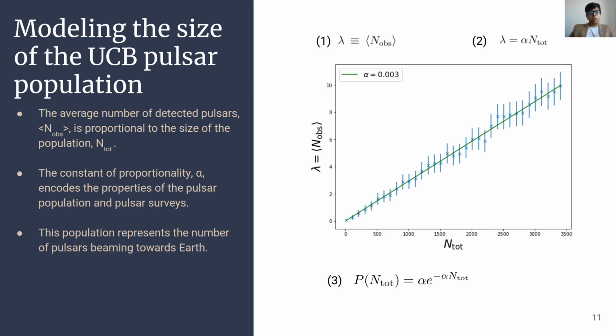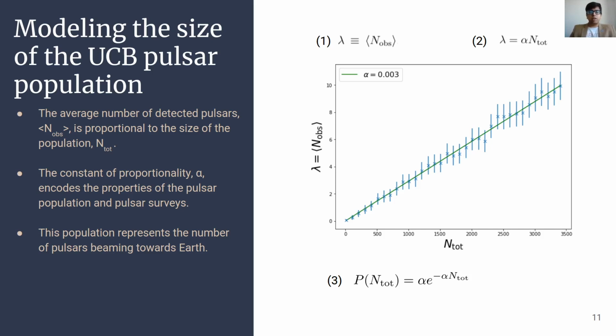One thing that I do want to point out is that the size of the population that we are modeling here is the size of the population that's beaming towards the Earth. So in doing these simulations, we implicitly assume that if we had an ideal radio telescope, it would detect all of the systems that we're generating in the simulation, which in turn means that all of these systems are beaming towards the Earth.